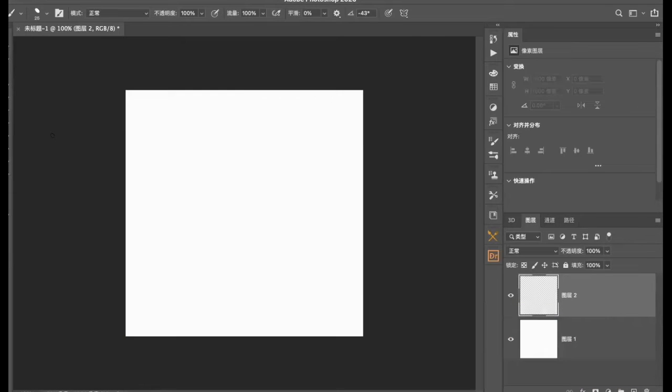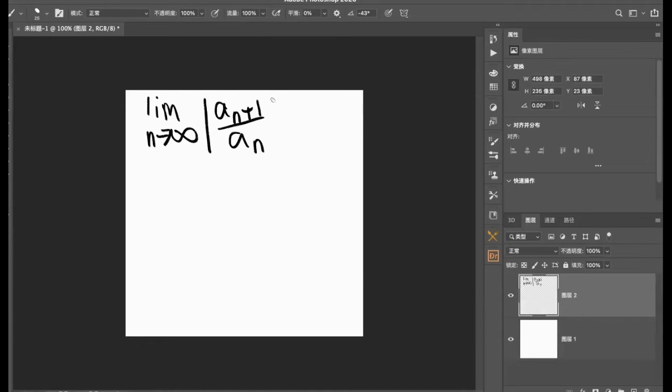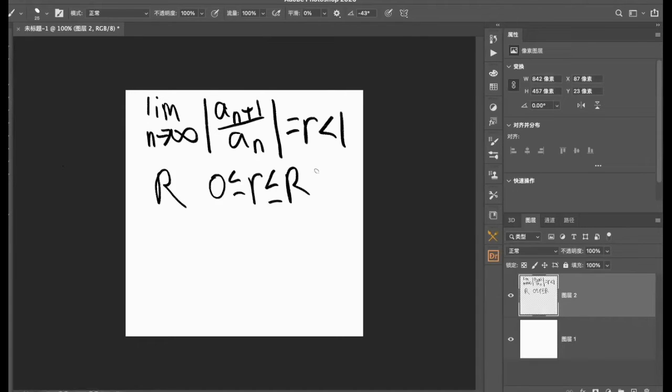Let's assume that the limit as n approaches infinity of an plus 1 over an is equal to a constant r, and this r is smaller than 1. So we will choose another value called big R, such that r is smaller than big R, which is smaller than 1.